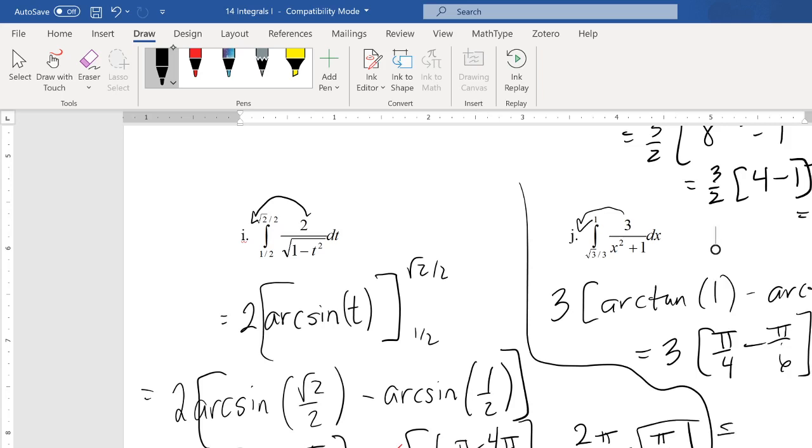So this time we get 3 times pi over 24. So we've got 2 pi over 8 or pi over 4.